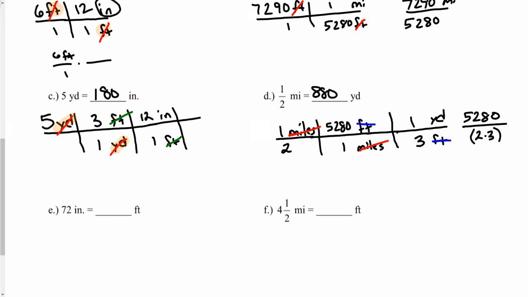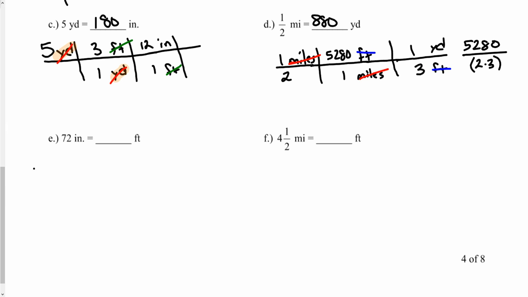Okay. All right, the next one we want to do 72 inches into feet. So this might be a good one to go ahead and try to do on your own. Like pause it right here and then see if you get it. Okay. All right, let's do this together now. I'll start out by putting 72 inches. There is just a 1 conversion here. I'm going to put it over 1.